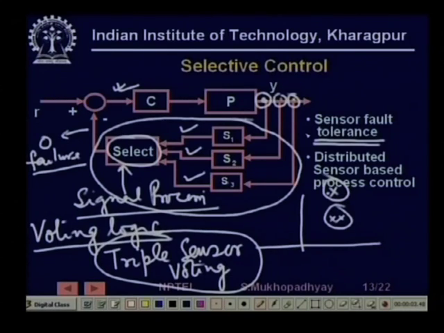So, in such situations you can use sensor selective control. There are even other situations where you can do median filtering, that is you can reject outliers. If suddenly one sensor gets a big piece of noise, then if you always choose the middle value, you can reject noise better. So, you can also use it for doing various kinds of filtering.